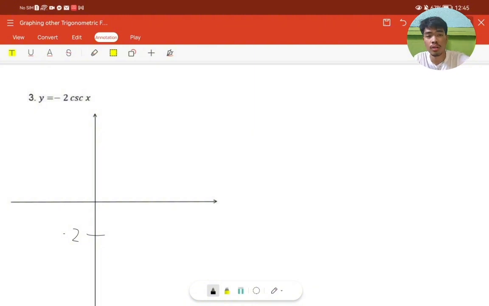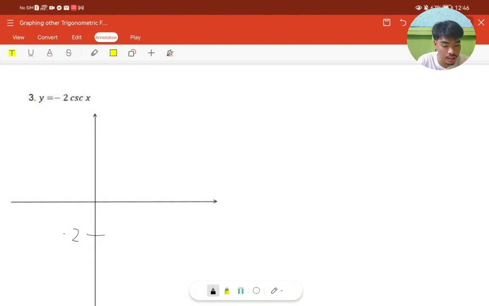So instead of a standard cosecant graph, the U-shapes open downward at the positive peaks of sine, and the inverted U-shapes open upward at the negative valley. The peaks and the valley are stretched out from the x-axis. So ato na siyang isolve.